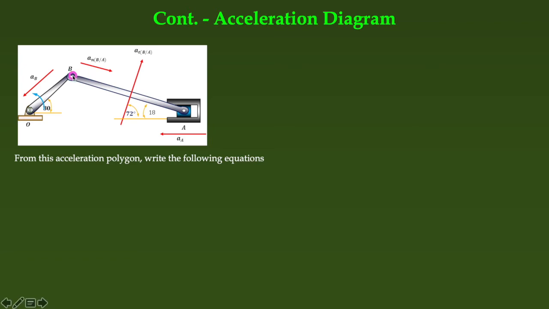And then there are two components of acceleration for the link BA. Though the crank has only constant angular velocity, for this link the angular velocity is no more constant, and that's why there is an alpha, meaning angular acceleration is there for the link BD, and as a result there is a tangential component of acceleration.